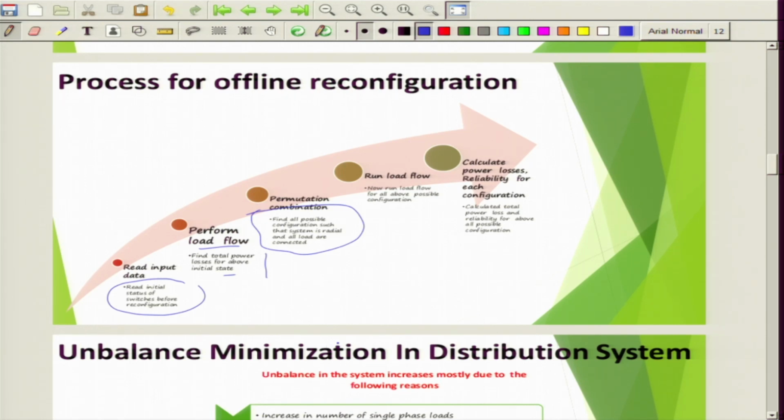So check what permutation and combination of the network would help us reduce the loss, because we go for load flow once again for each combination, then calculate power losses and reliability for each configuration, and whichever gives the least power loss or the maximum efficiency and reliability, one can think about considering that option.